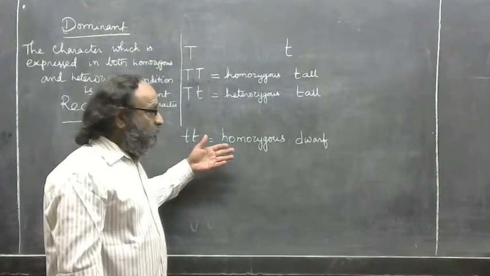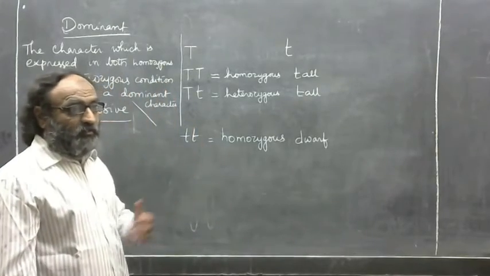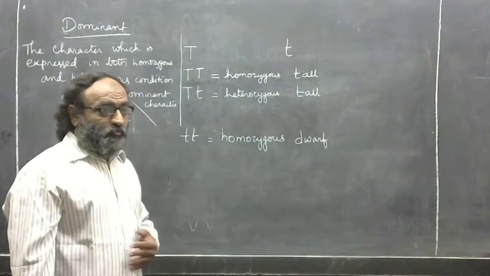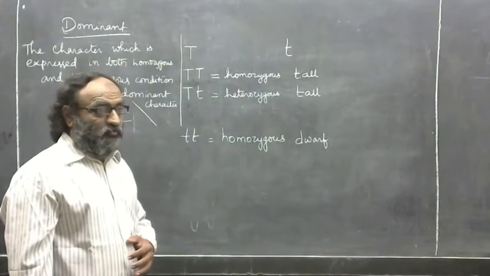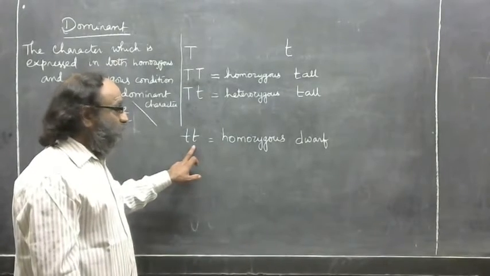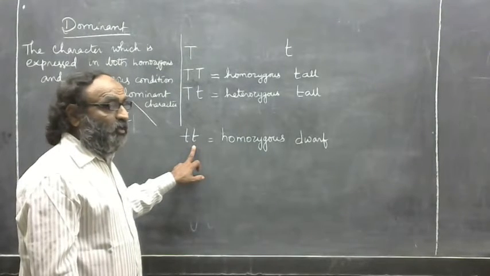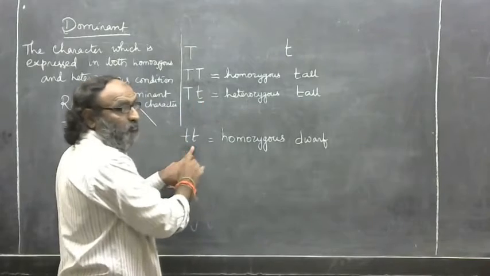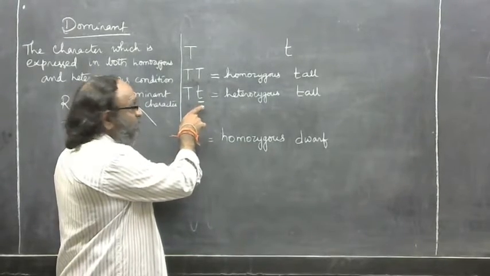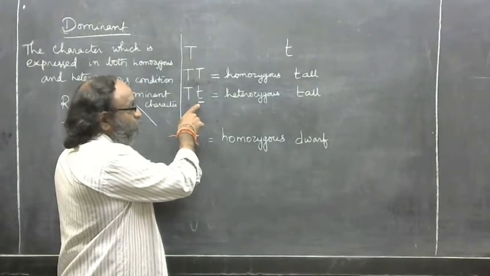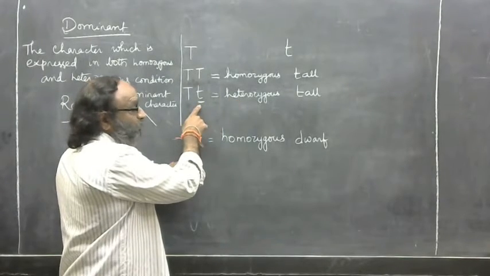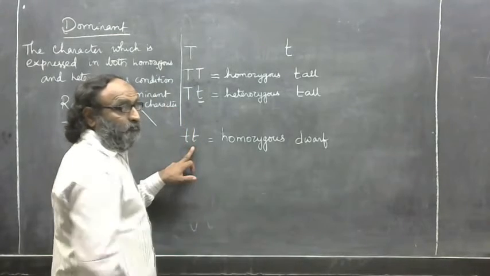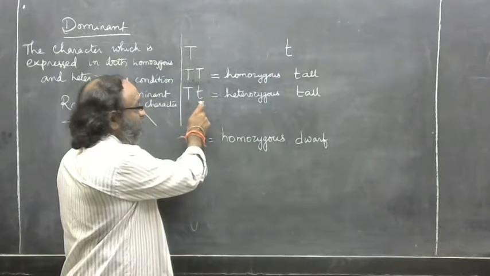Can you define what is the recessive character? Now observe this, small t small t. Tallness is a dominant character, whereas dwarfness or short stature is a recessive character. The recessive character is expressed in homozygous condition only. Though there is a recessive gene, small t gene, in heterozygous condition, dwarfness is not expressed due to the dominance of tallness.